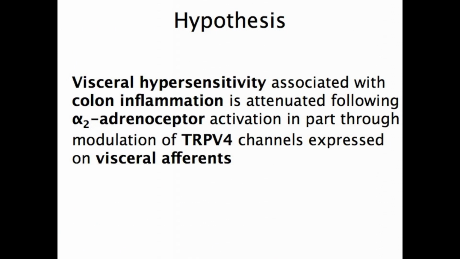So we wanted to see if there was an interaction. And so the hypothesis was kind of stated in the title. Visceral hypersensitivity associated with colon inflammation is reduced in part by alpha-2 adrenoceptor activation and its modulation of TRPV4 channels on visceral afferents.